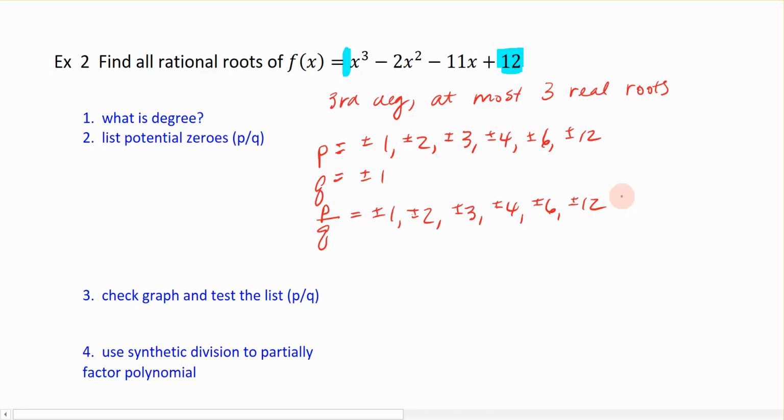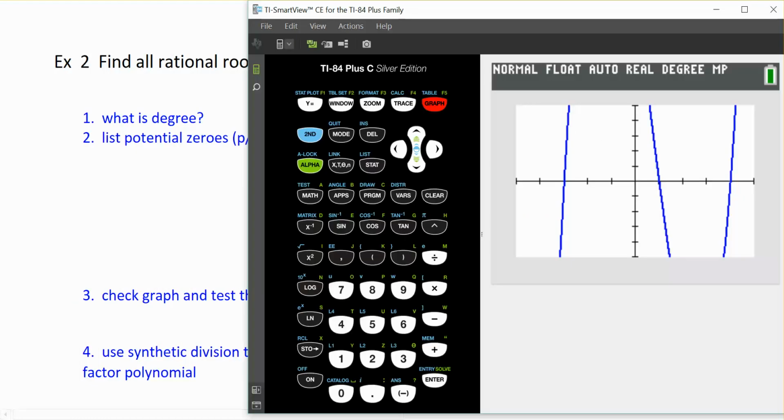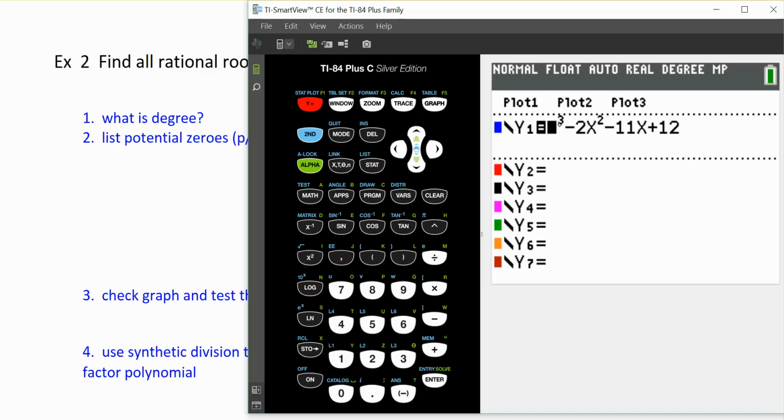What we're going to do instead is let the calculator evaluate the function values for me. So I'm going to put this polynomial into the y equals portion of my calculator, which I have already done. Let me pull both of these up. Okay, so you can see here that this is my polynomial function. It's on the y1 portion of my calculator, and I'm going to let the table evaluate the function for me.